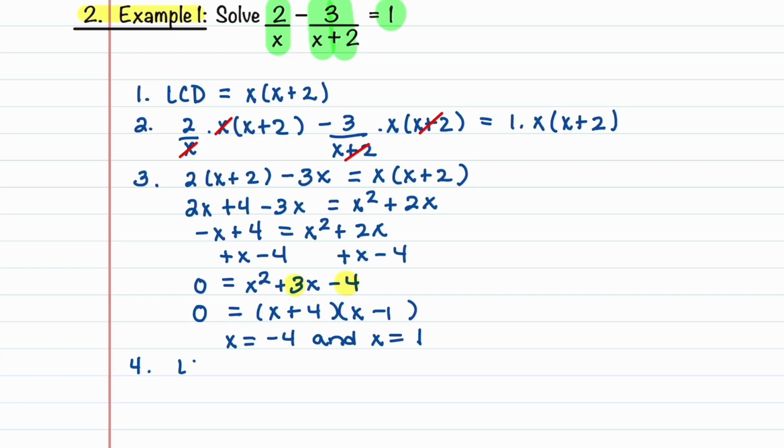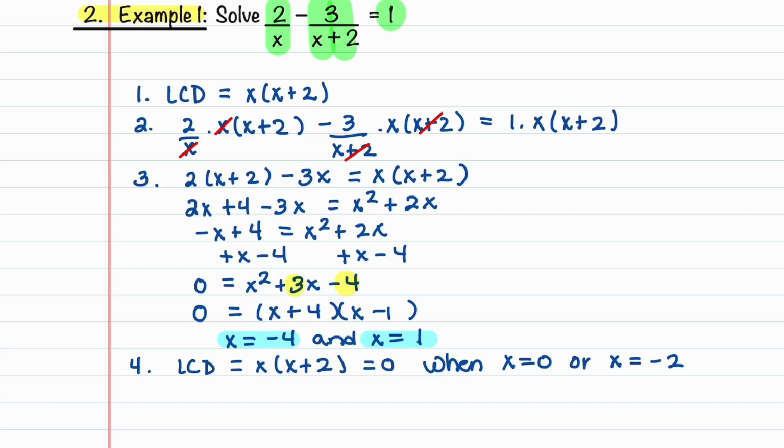Our lowest common denominator was x times x plus 2, and that's going to equal 0 when either x is 0 or x is equal to minus 2. So we're going to look at the solutions that we just got. Our solutions were x is equal to negative 4 and x is equal to 1, and those solutions are not 0 or negative 2, so both of those solutions are great, and we can include them.